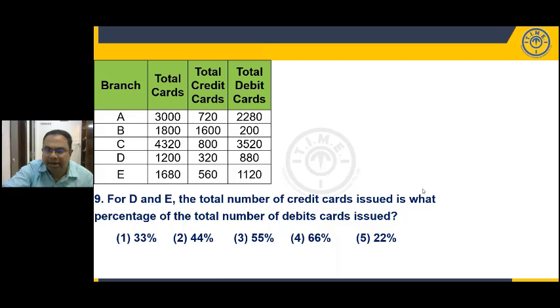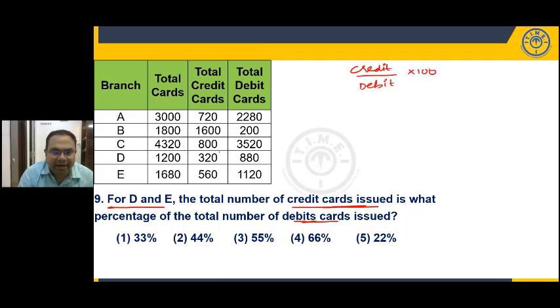Right. Let us look at this one. Maybe you might not have read the question properly. Those who have not got the answer, I'll stop the timer. For D and E, he's talking about only D and E. Total number of credit cards issued is what percentage of debit cards issued? So credit cards issued to debit cards issued, what percentage, into 100?